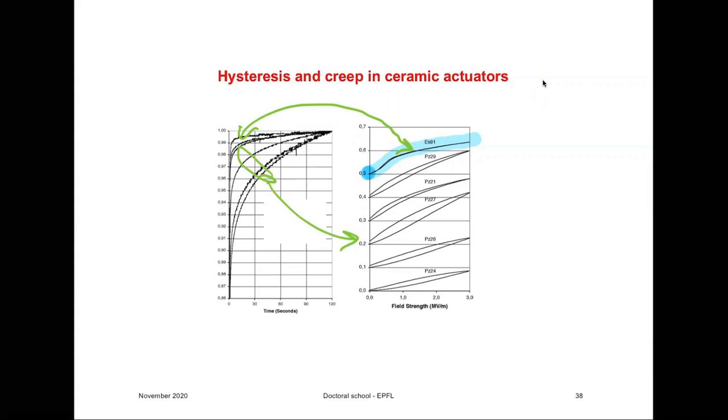What kind of actuator do we have here without hysteresis? The hysteretic ones we have already discussed. We have related this to domain wall motion. So does it mean that we don't have domain wall motion here? Well, actually, these are actuators that are not ferroelectric. They are relaxor materials, which at room temperature are not ferroelectric. They use the electrostrictive effect.